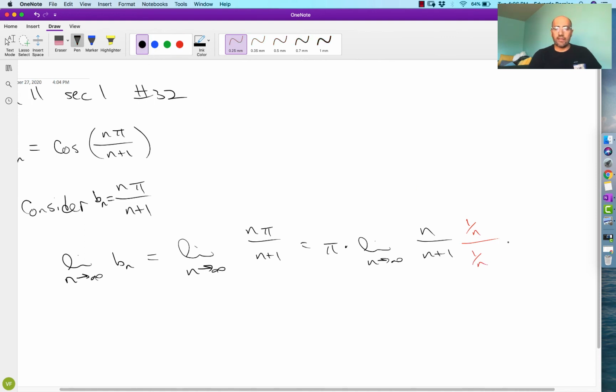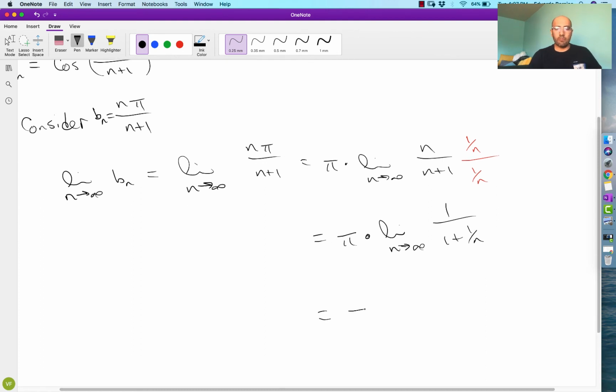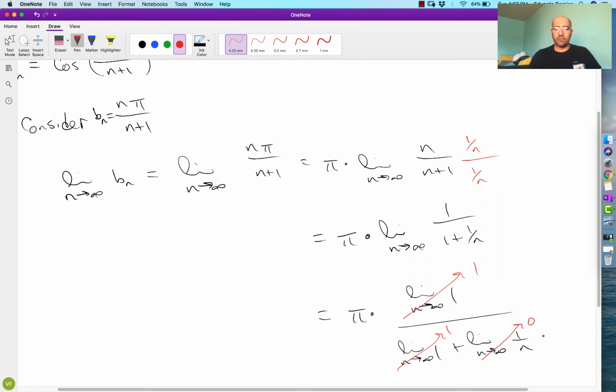And so we would get that this is equal to pi times the limit as n goes to infinity of 1 over 1 plus 1 over n, which would then give you pi times the limit as n goes to infinity of 1 divided by the limit as n goes to infinity of 1 plus the limit as n goes to infinity of 1 over n, which then gives you a 1 divided by 1 plus 0.